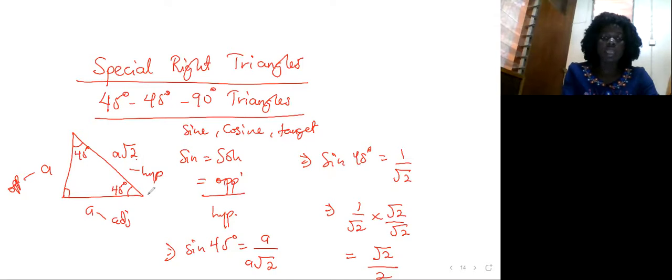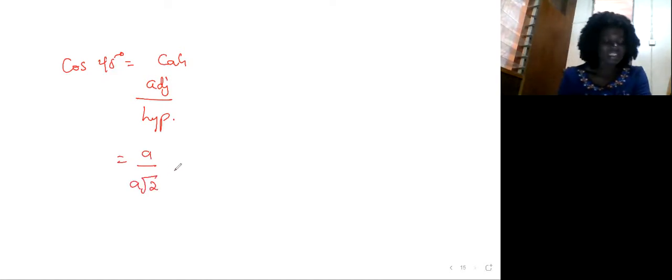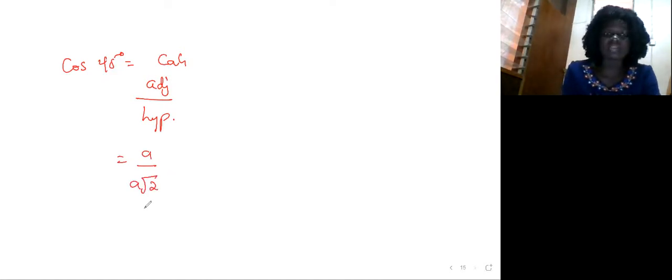So adjacent over hypotenuse. So A again over root 2. This will give us A over A root 2. As we did for sine 45, the same applies to this, and you're going to get root 2 over 2.